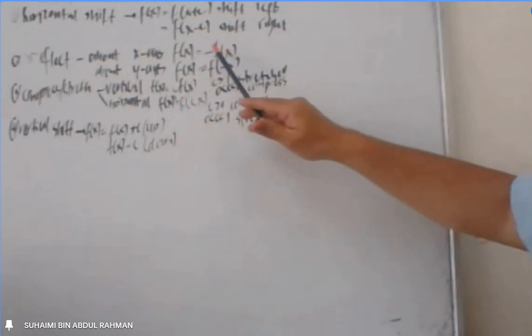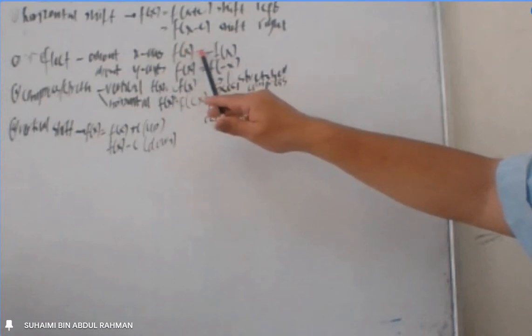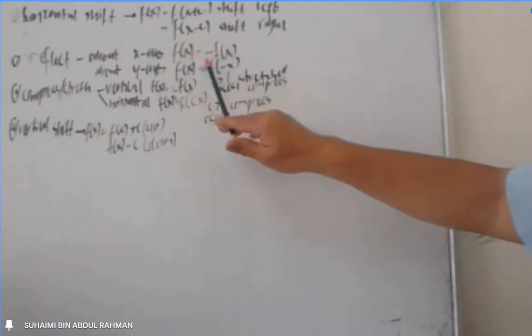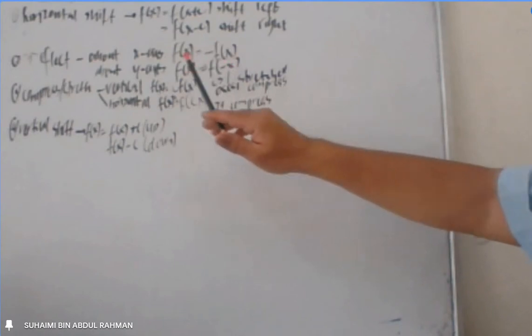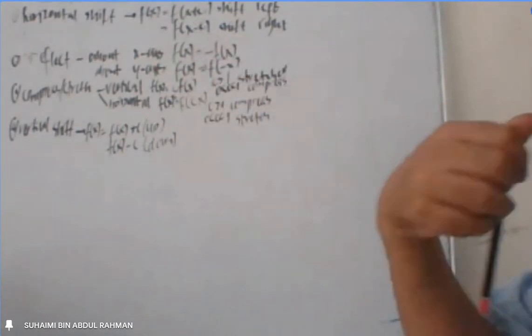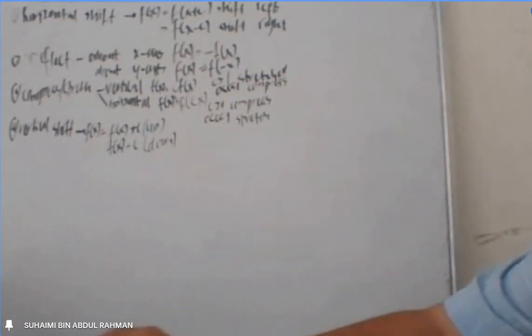Or we reflect about the y-axis, depending. If our function becomes minus f(x), or x in our function becomes negative, we reflect about the y-axis. If our function becomes minus, we reflect about the x-axis.